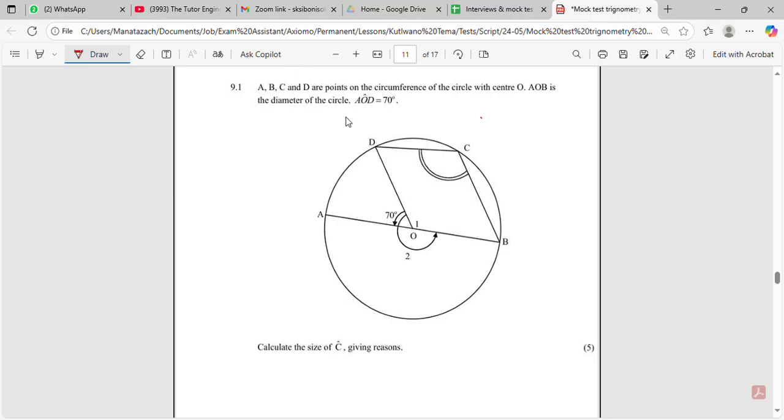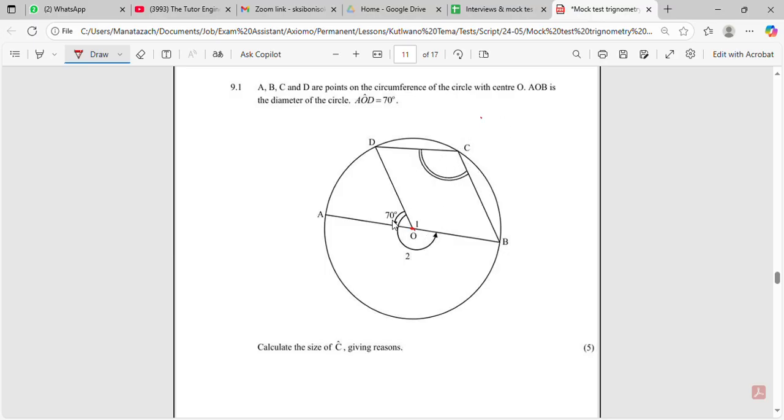Let's make an example. If maybe you have a circle like this one, and then the statement says A, B and C are points on the circumference of the circle with center O. So immediately when they mention center O, that means the theorem, angle at the center is twice the angle at the circumference, should come to mind.